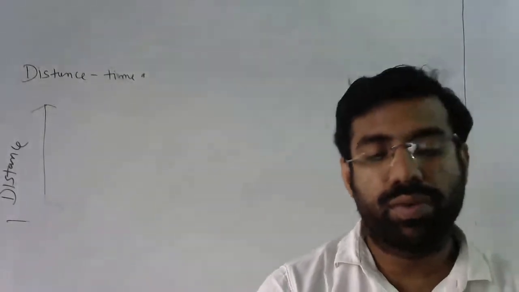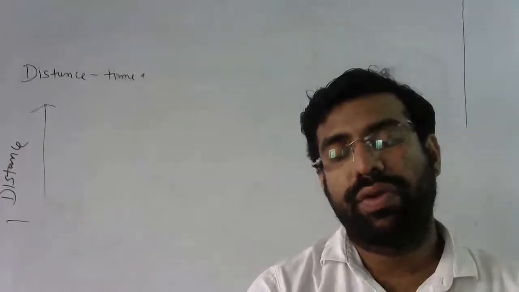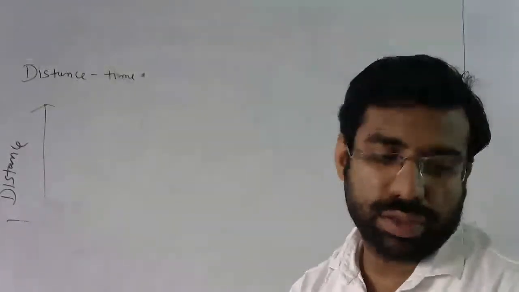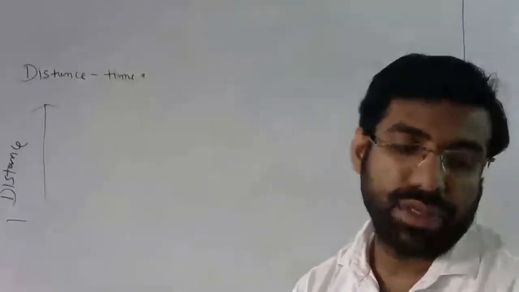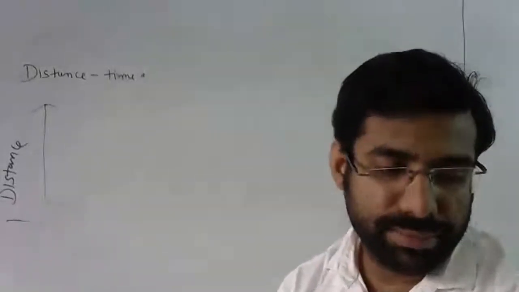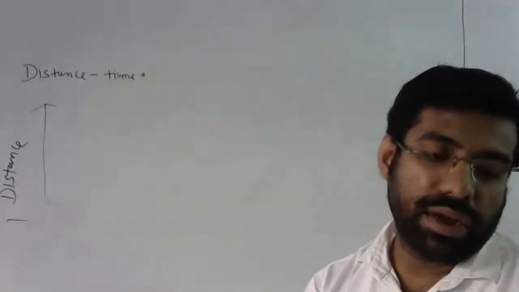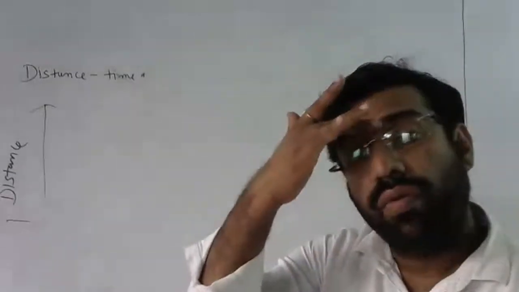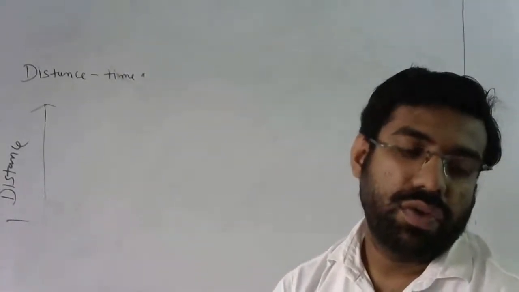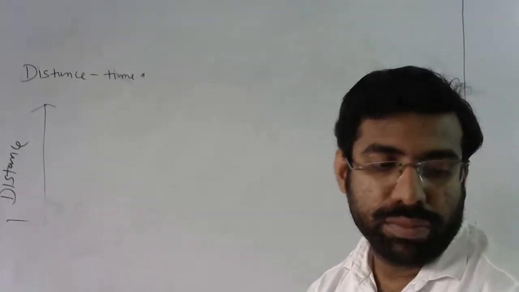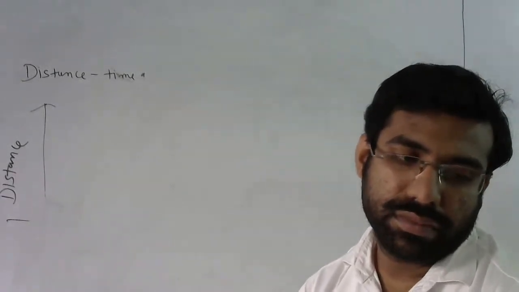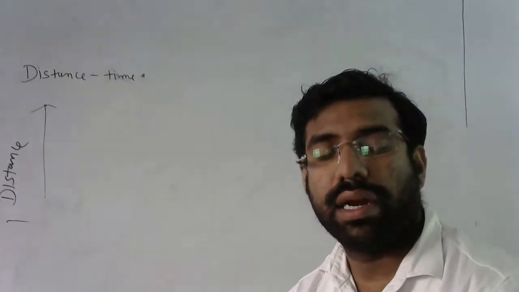Velocity time graph for a moving body shows variation in velocity with time for an object moving in a straight line.